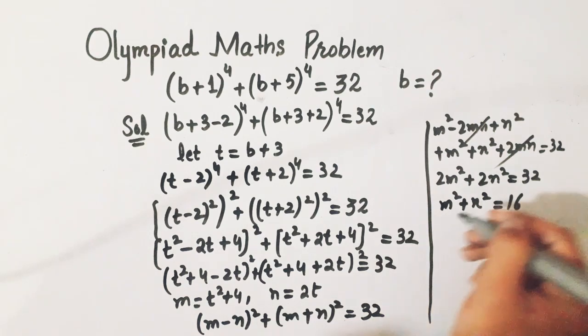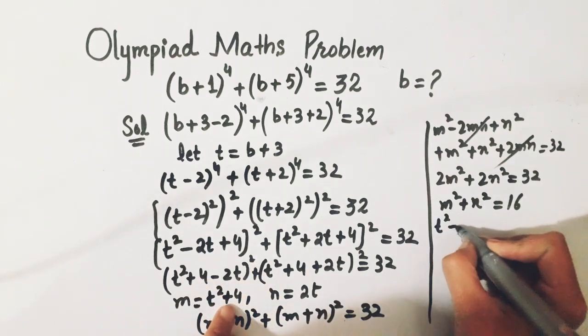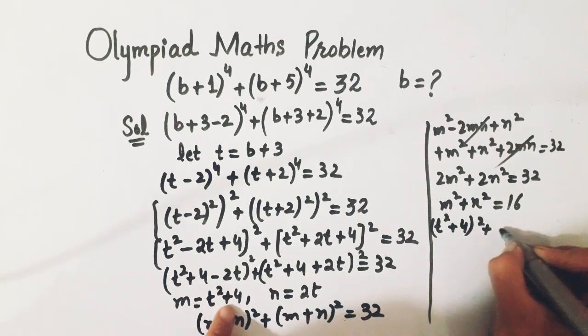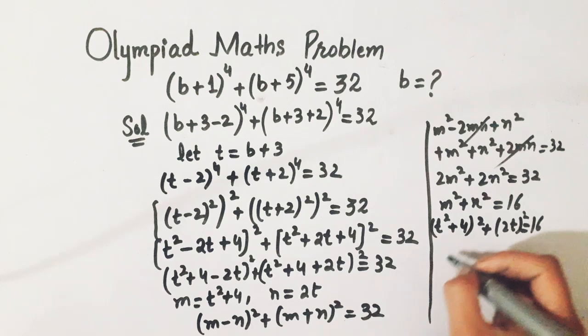Now we write the original value of m, that was t squared plus 4, whole squared, plus n squared, which means (2t)^2, equals 16. Now we open the square.